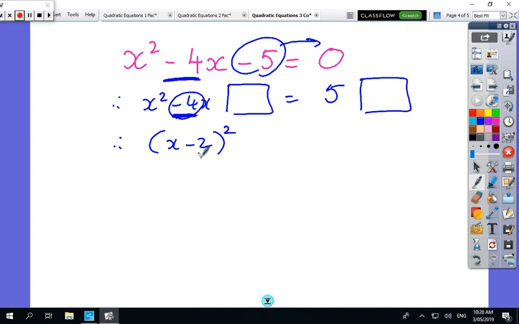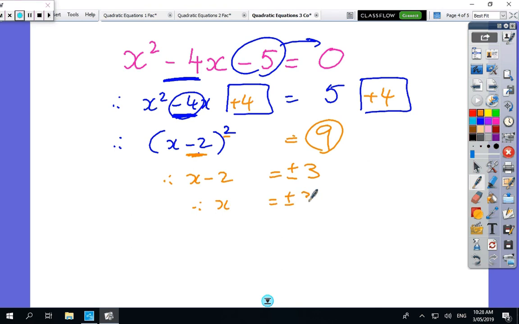Now this number here that's missing is, what's minus 2 squared? And the answer is plus 4. So I add 4 on that side, and then 5 plus 4 is 9. Now I'll save time, the square root of 9 equals 3.